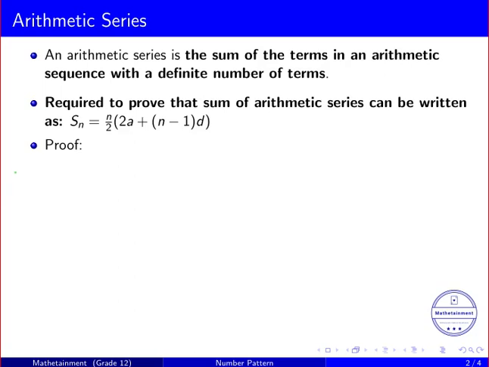For you to prove this, you have to write the sum of terms from your first term plus your second term plus your third term plus, you can just add your last term here.